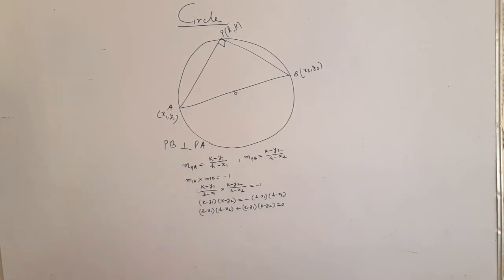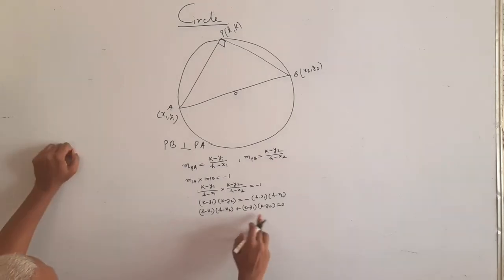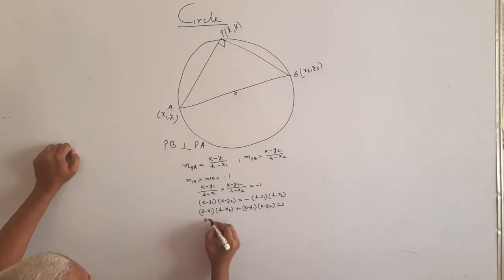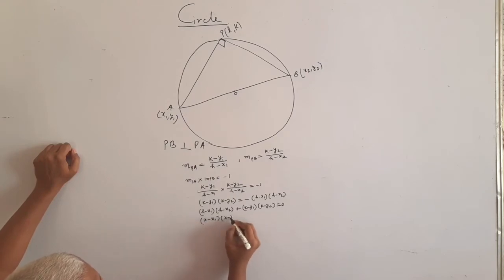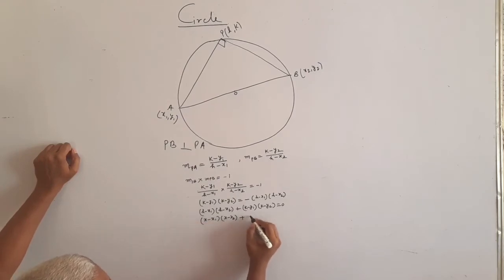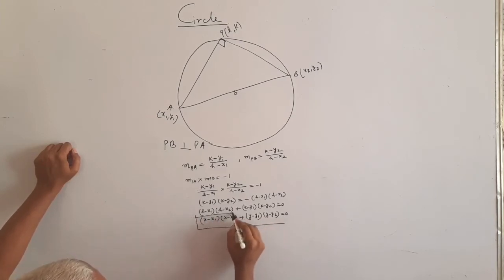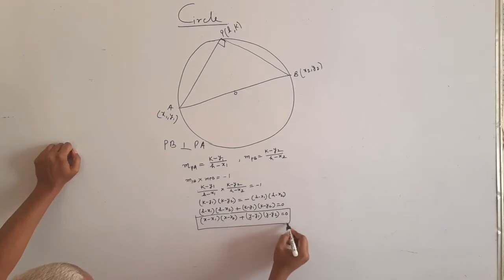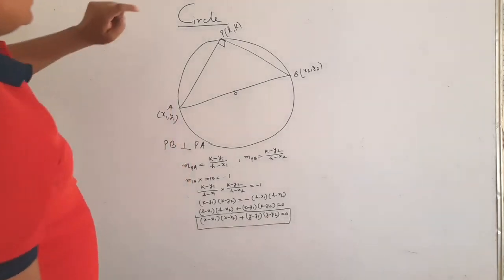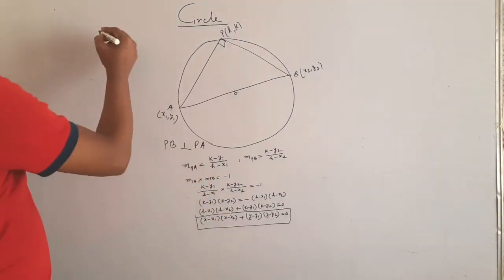Now replace h by x and k by y. You will get x minus x1 into x minus x2 plus y minus y1 into y minus y2 equal to 0. This is the equation of the circle when the diameter is known.